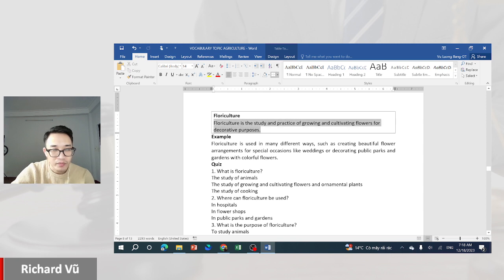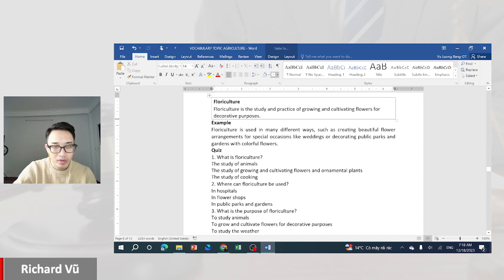Floriculture is defined as the study and practice of growing and cultivating flowers for decorative purposes. Floriculture is used in many different ways, such as creating beautiful flower arrangements for special occasions like weddings or decorating public parks and gardens with colorful flowers.